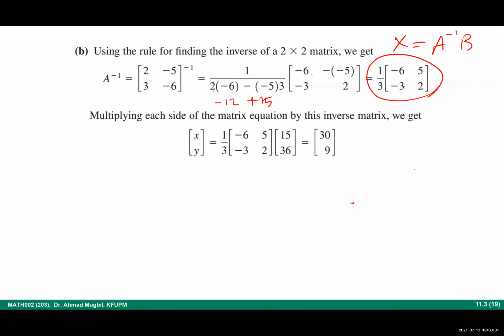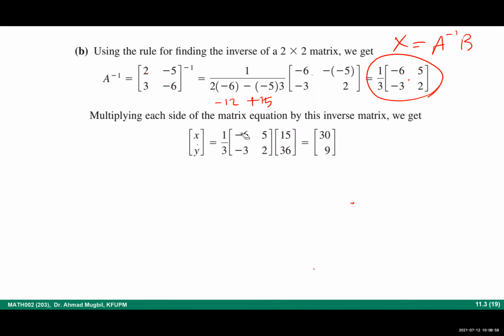Now to find the variable matrix, you will multiply the inverse by B. This is the inverse, and this is B. And you have to be smart here. What is the best way to do this multiplication? You can multiply this matrix by this matrix, then multiply by the third at the end.